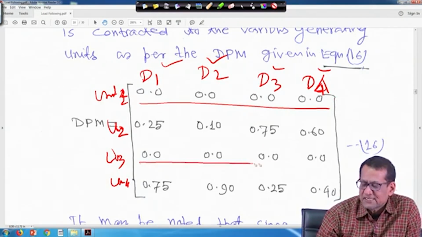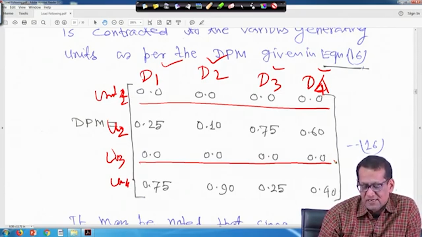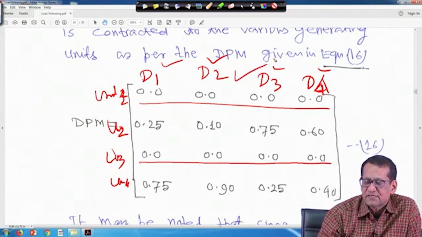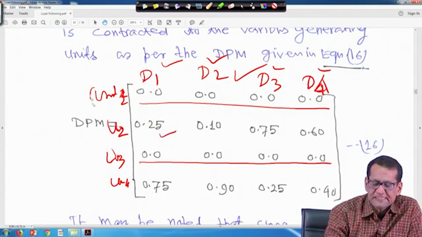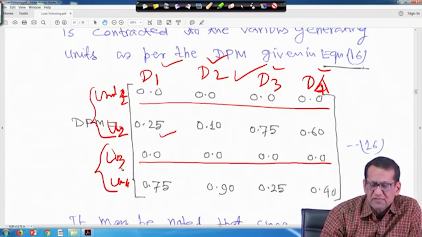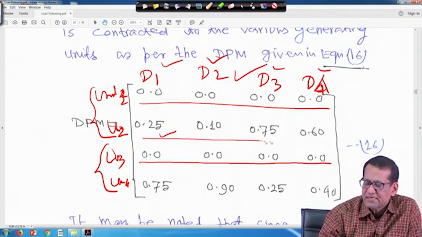Similarly, for unit 3, this row is 0, because it has no contract with any discos. But for unit 2 in area 1 and unit 4 in area 2, their participation CPF is given like this, right.